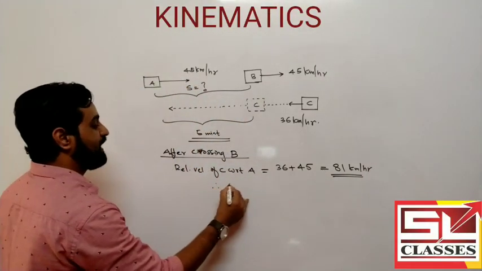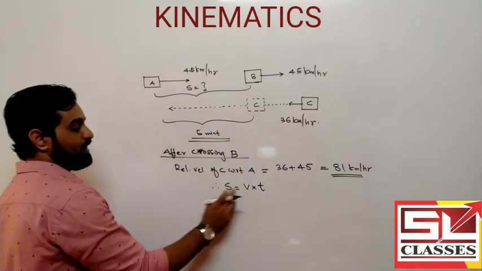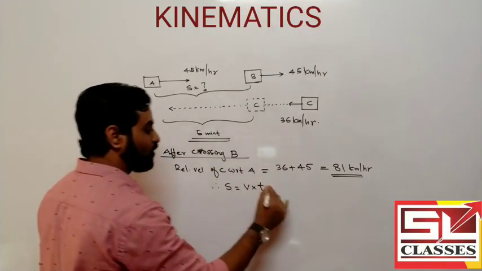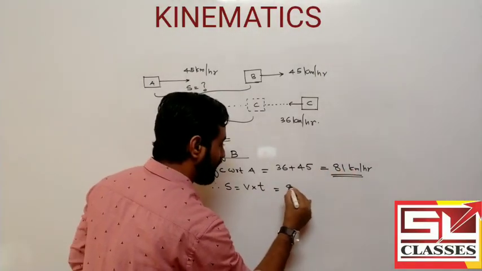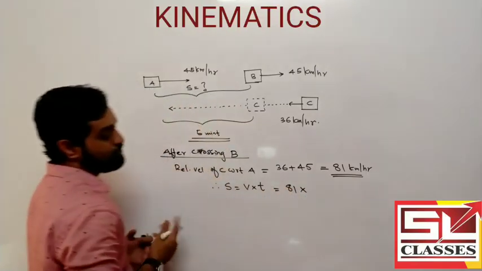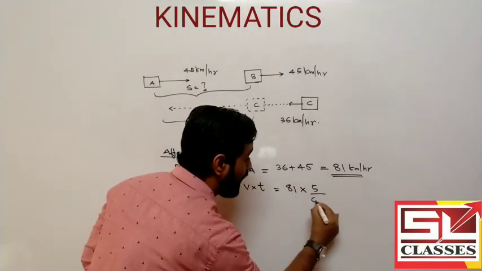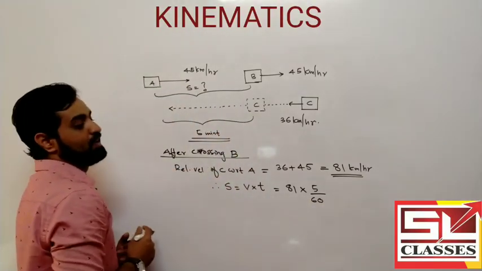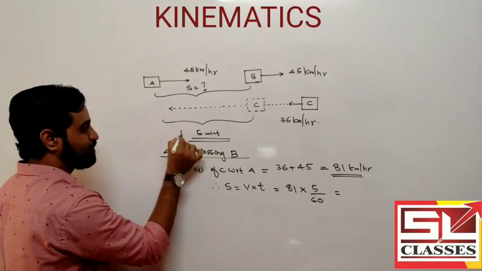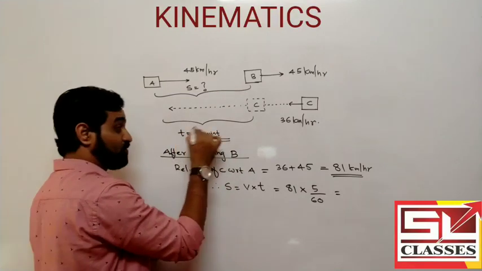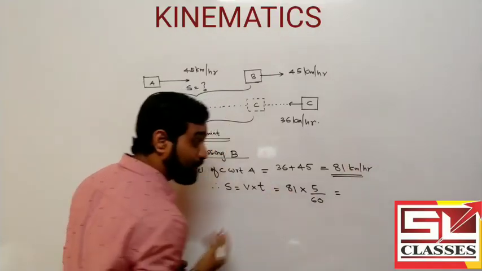We have S equal to V into T. From the equation V equal to S by T, we can write S equal to V into T. That is equal to velocity 81 kilometer per hour into T, that is 5 minutes or 5 by 60 hour. Time is given in minutes, and we can convert this into hours because the velocity is in kilometer per hour.